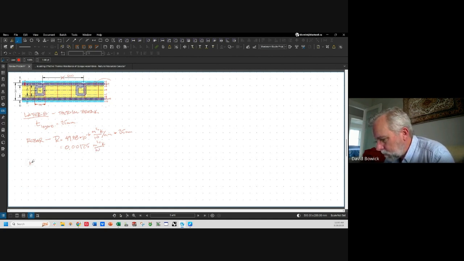And insulation. Insulation equals, back and look for our insulation value.